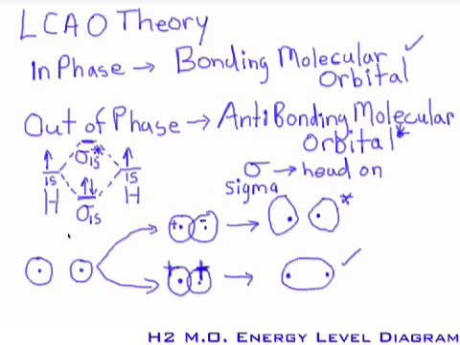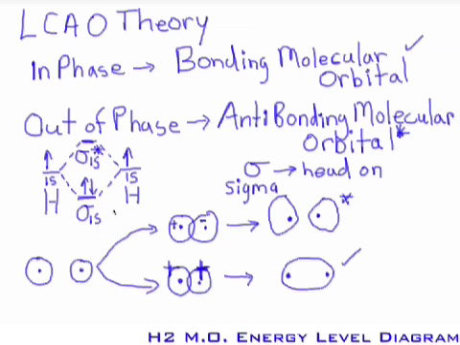In the case of hydrogen, I took one single atomic orbital, 1s, and combined it with another atomic orbital, 1s. That's 2 atomic orbitals. I got out 2 new molecular orbitals. What were they? They were the sigma 1s and sigma 1s star. The sigma meaning that these orbitals crashed head-on together.